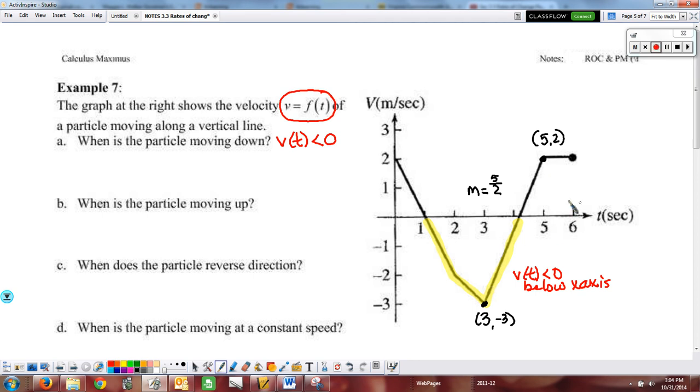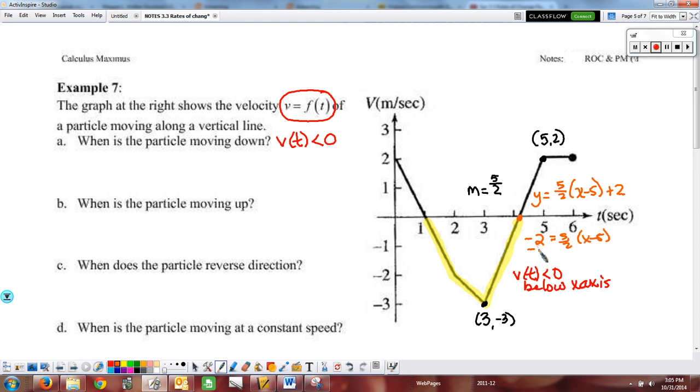There are times in the AP where you're not allowed to just guesstimate it. My equation of this line is going to be slope 5 halves, (x minus 5), plus 2. And then that point right there is nothing more than your x-intercept, which is when you let y equal 0. So we would get negative 2, subtract the 2 over, equals 5 halves (x minus 5).